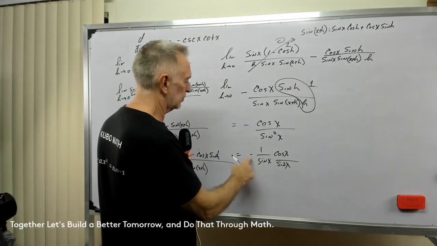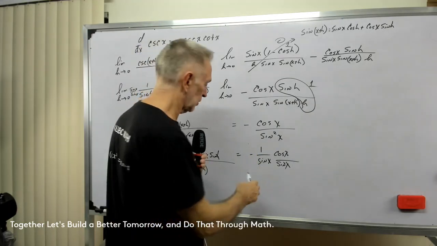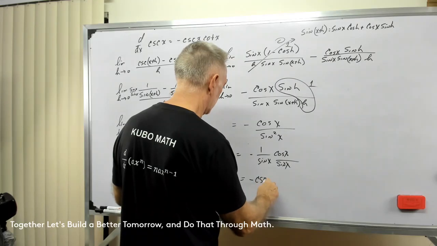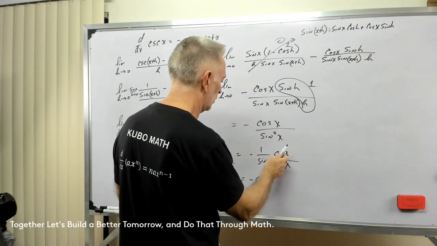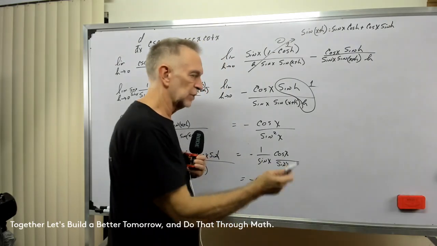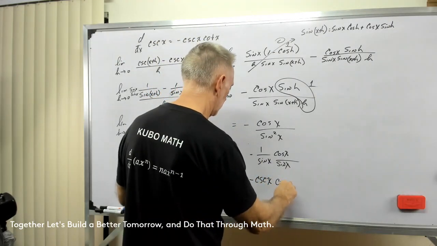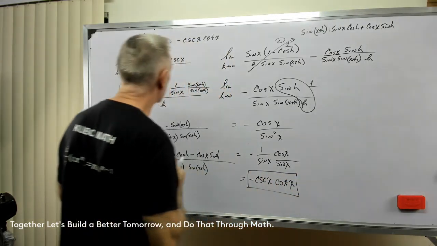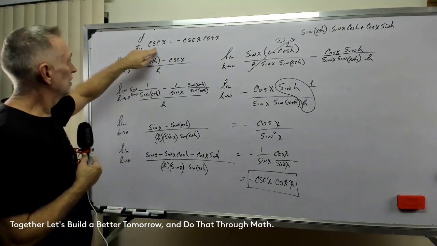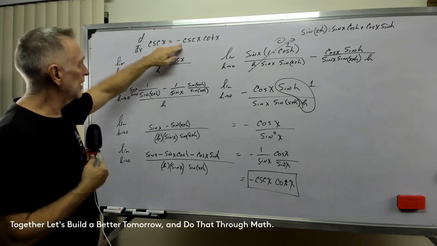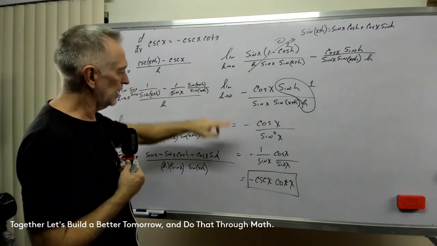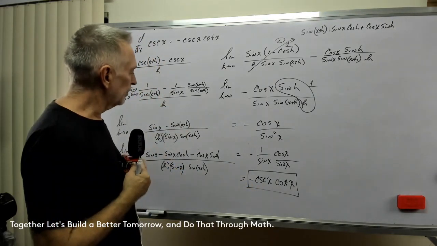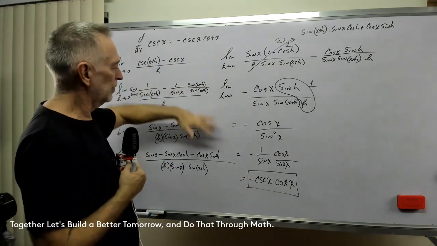So what is 1 over sine x? Cosecant x. So we have a negative, so negative cosecant x. And what is cosine over sine? Cotangent, so cotangent x. You'll notice the derivative of cosecant x is negative cosecant x cotangent x, which is exactly what we came up with here. So that, my friend, is how they came up with that derivative.